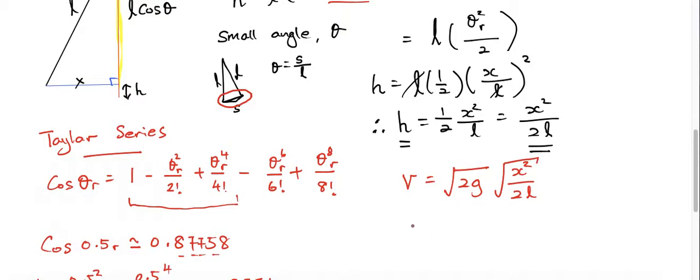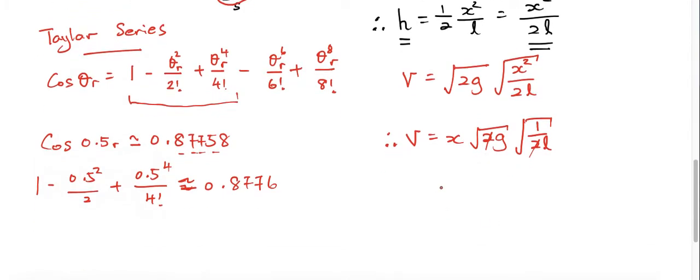So I square root it. So therefore, my v speed, bringing x to the front, is x times the square root of 2 times gravitational acceleration times 1 over 2L. And now 2 and 2 can be cancelled off further, and hence it's equal to x times the square root of g over L, right?